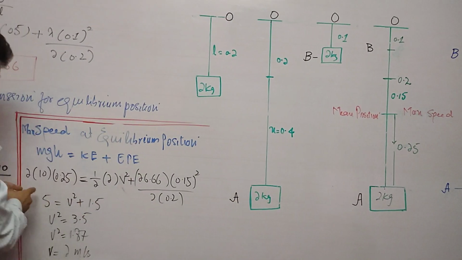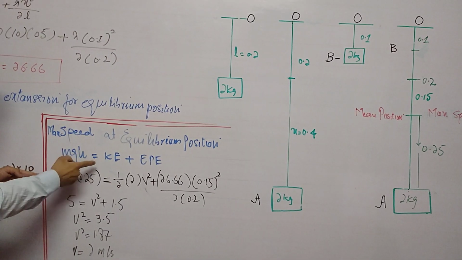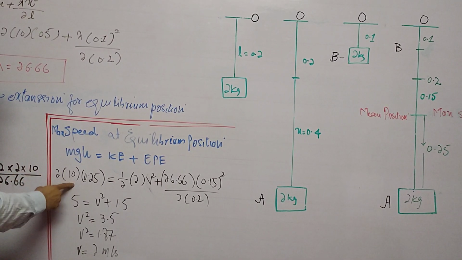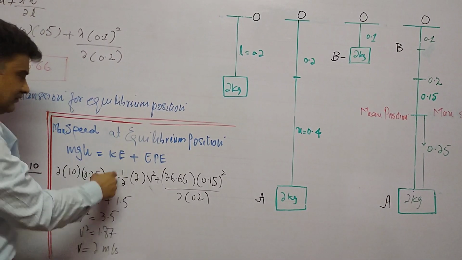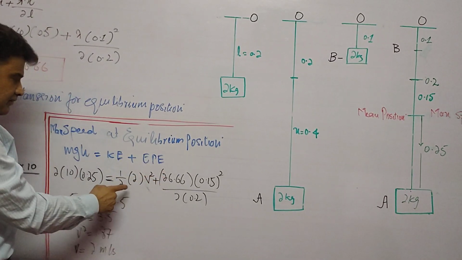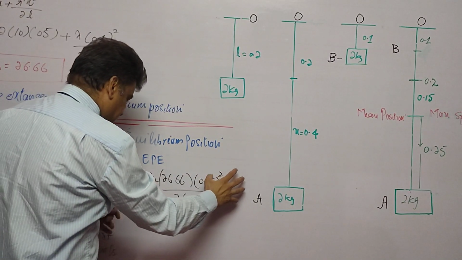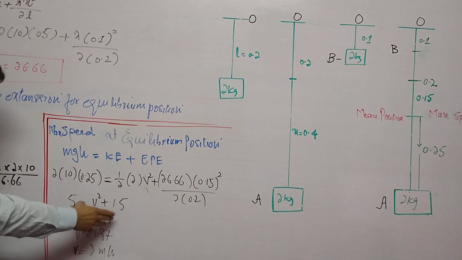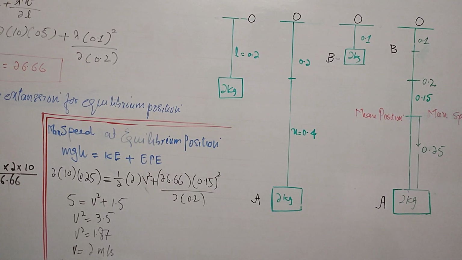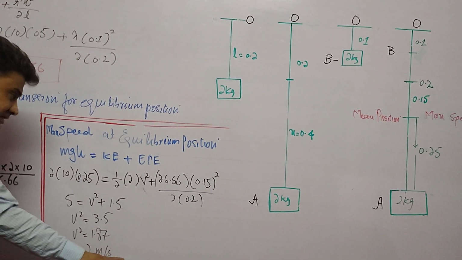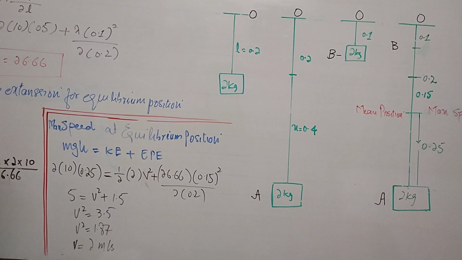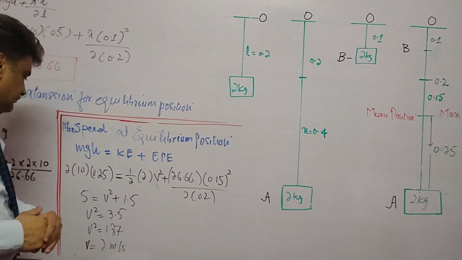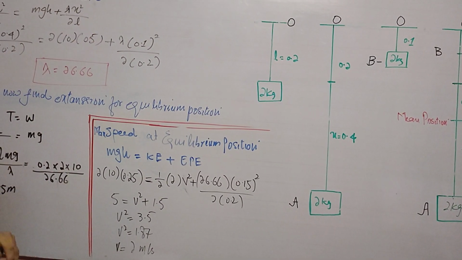So mgh, with mg and h as 0.25, kinetic energy half m v squared. After here we calculate the value of v, which comes to 2 meters per second. Hence, it is the velocity of the particle, which is the maximum velocity of the particle.